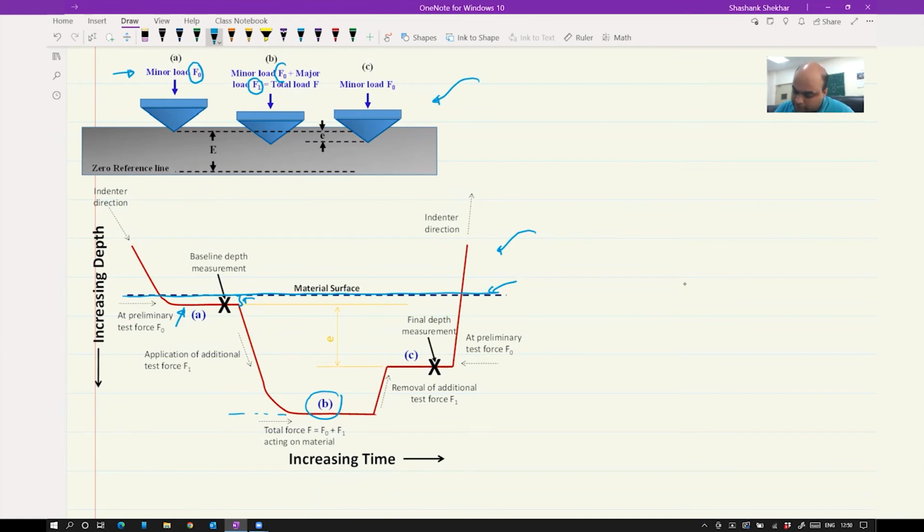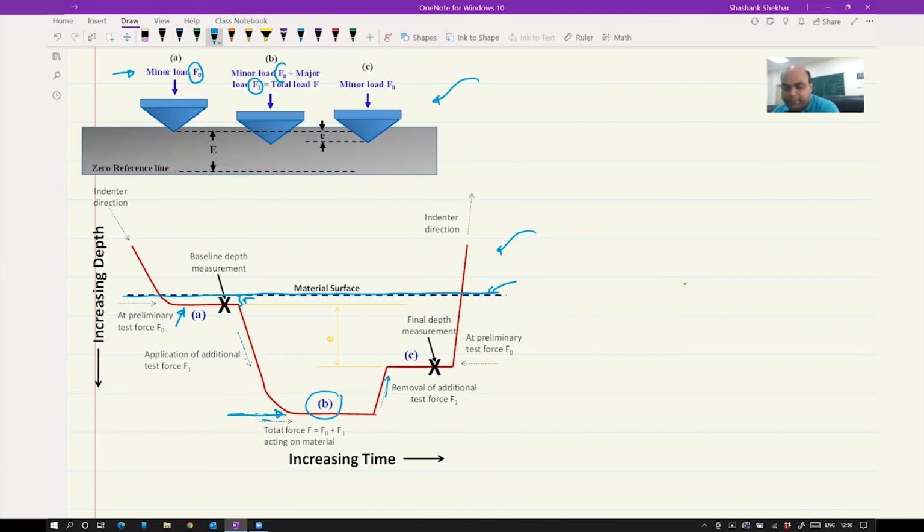You reach some distance here. This corresponds to the depth at a load of F, equal to F0 plus F1. This is my total depth from the surface. Now you remove the additional test force F1, so you are removing the major load. Your indentation direction is shown by the dotted arrow, and this is how it goes with respect to time.